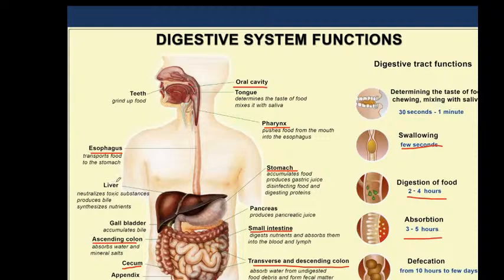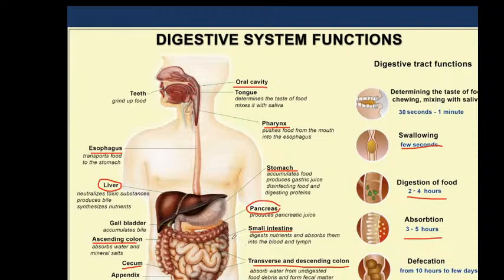Take a look also at the additional organs. Here are the liver and pancreas, the main secretory organs of the digestive system. And the important thing is that the liver and pancreas secretions come into the small intestine.